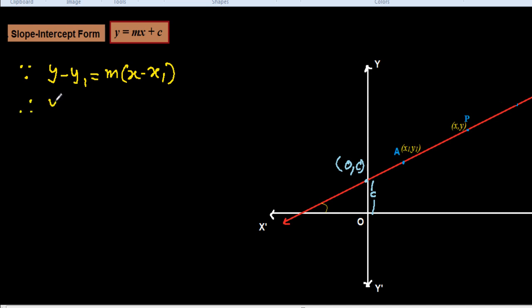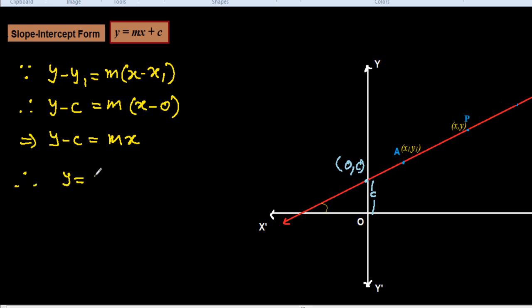So we put y1 equal to c, and the slope m is given, x minus 0. y minus c is equal to m into x. We transfer c to the other side, and we get y is equal to mx plus c. In this way we easily find the slope intercept form of a straight line.